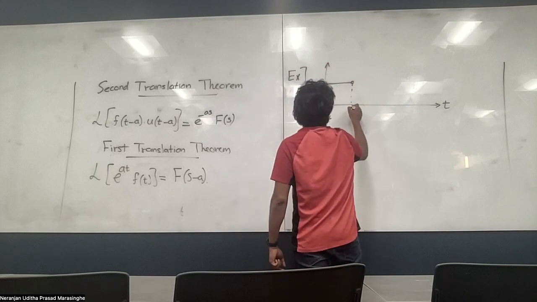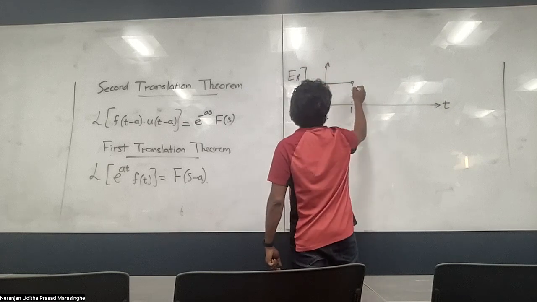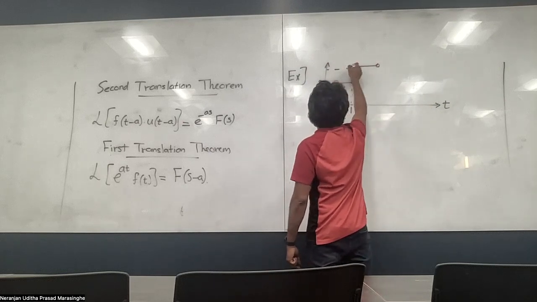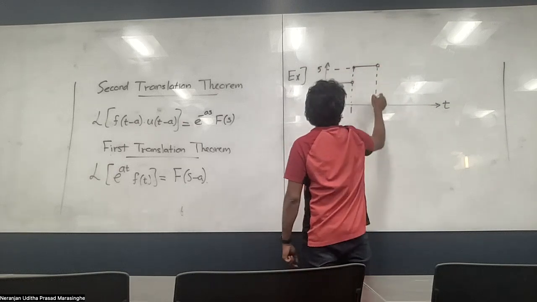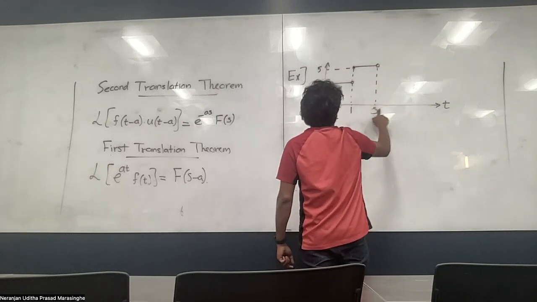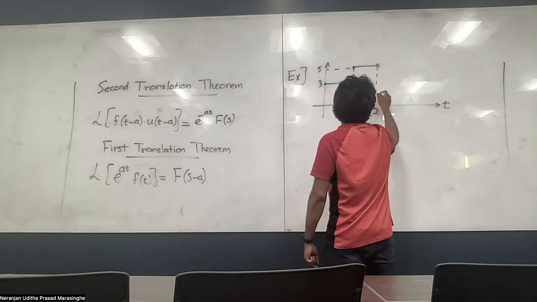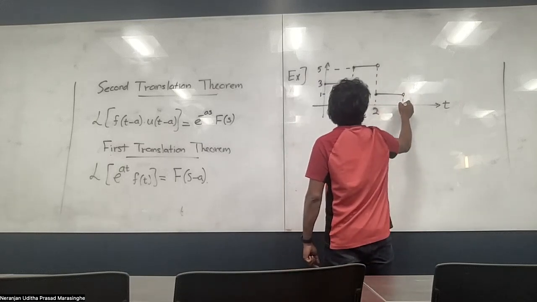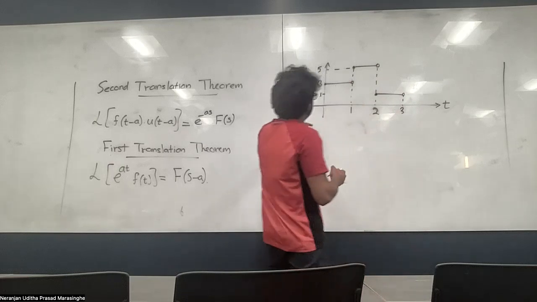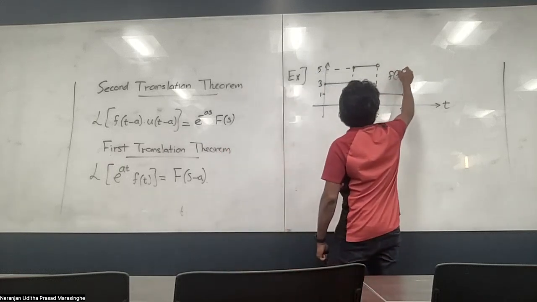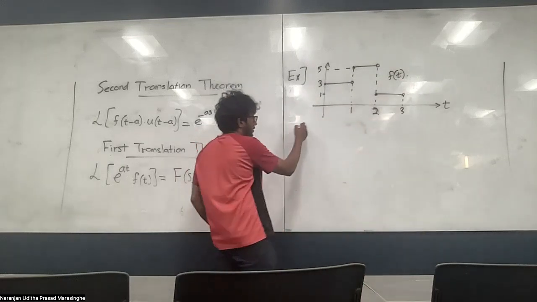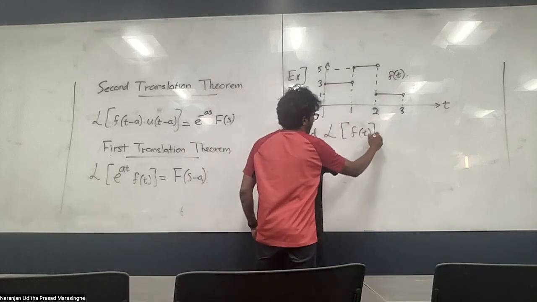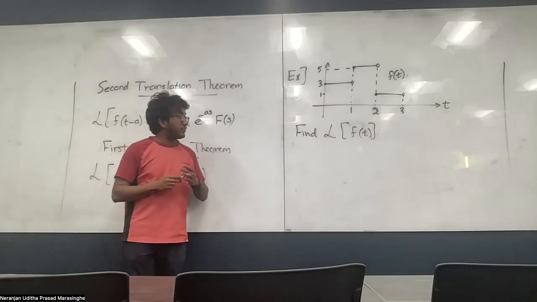This is 1, this is 3, with values 5, 3, 2, 1 marked on the axes. This is the function f(t), and my problem is to find the Laplace transform of f(t). Can you give a try?